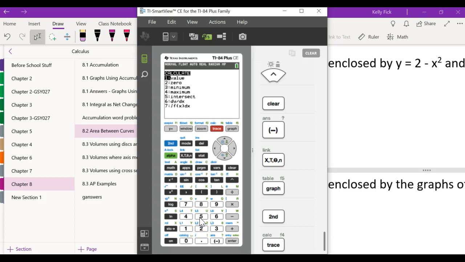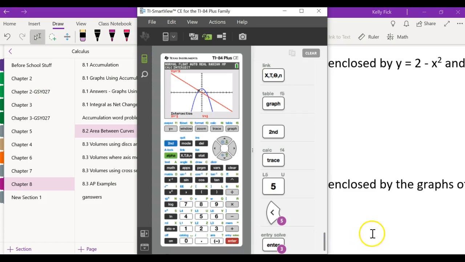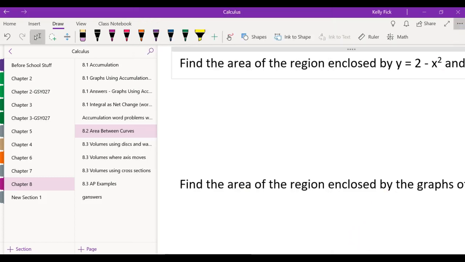So to find where it is exact, you choose 5 intersect, and you'd get as close to the intersection as possible and find that your intersection is -1. Okay? And then you would do the same thing to find that the other one is 2. Do we need to do the other one, or are you guys okay with me telling you it's 2? We're good?